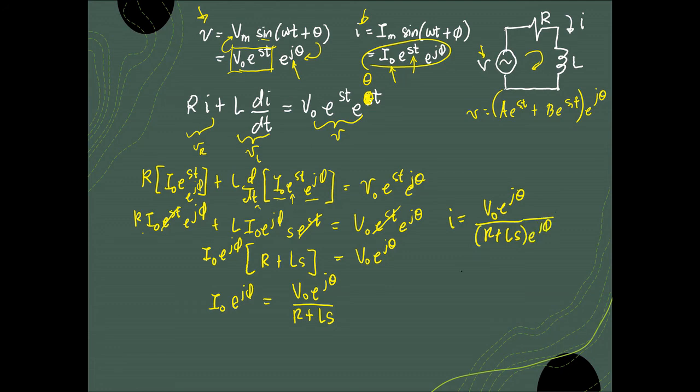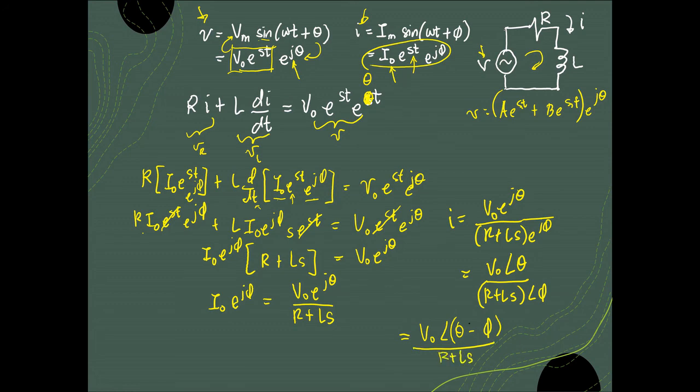If you convert this one to phasor, you have V0 angle theta divided by R plus Ls angle p, or you can express this one as V0 angle theta minus p divided by R plus Ls.